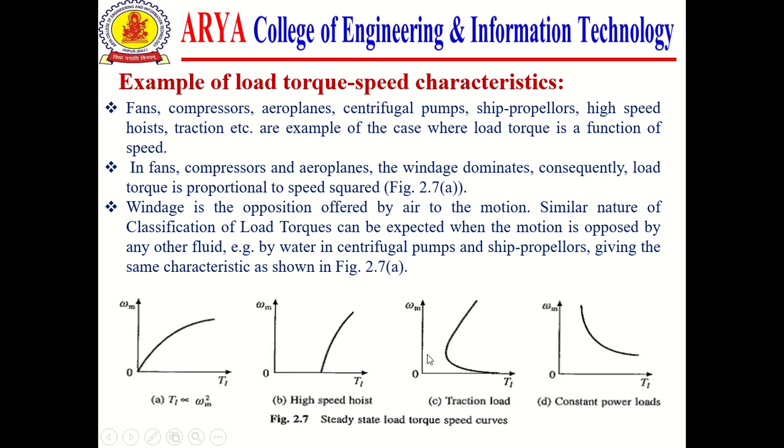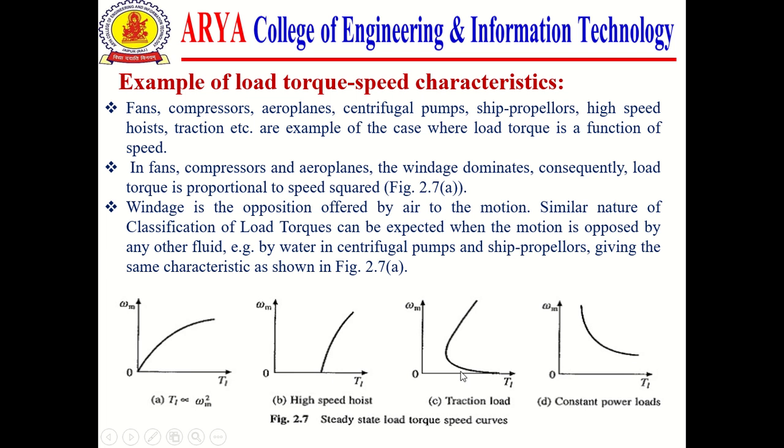Similarly, we can talk about traction. At starting, whenever the traction drive speed is zero, the drive requires a high starting torque. So here we use a DC series motor, because a DC series motor has a high starting torque.